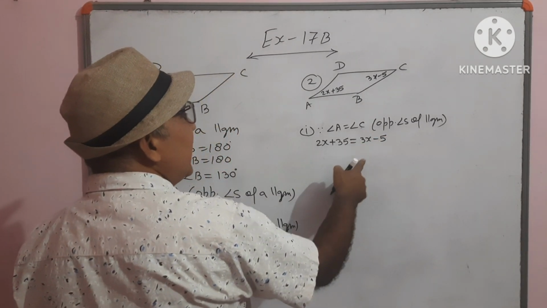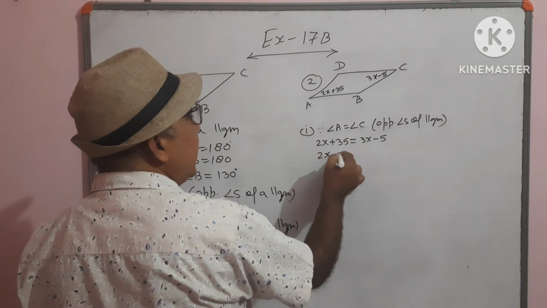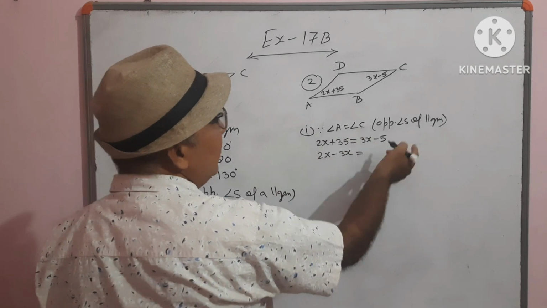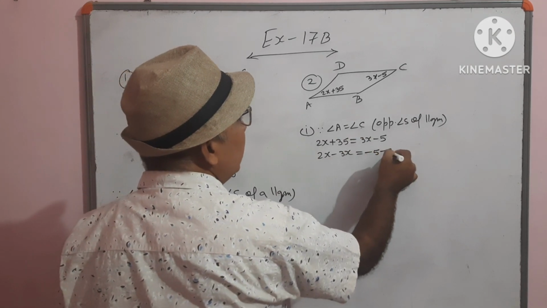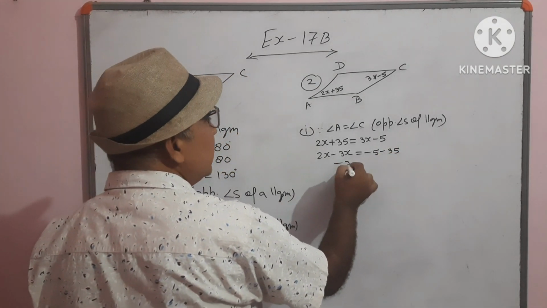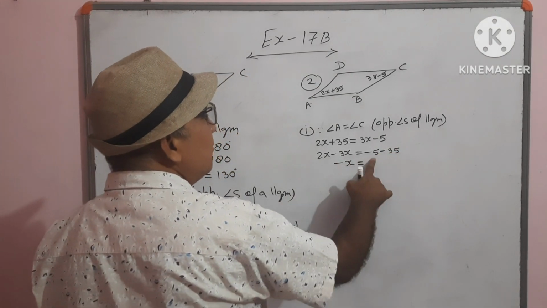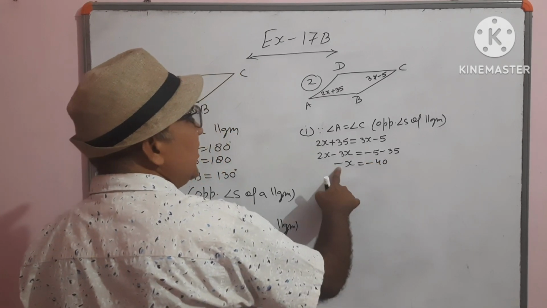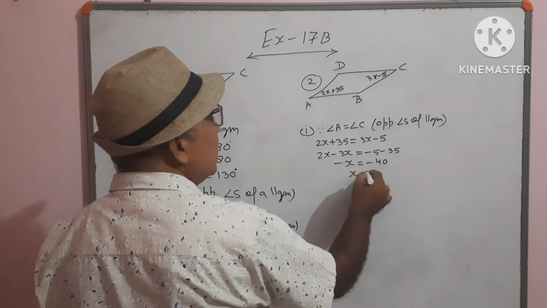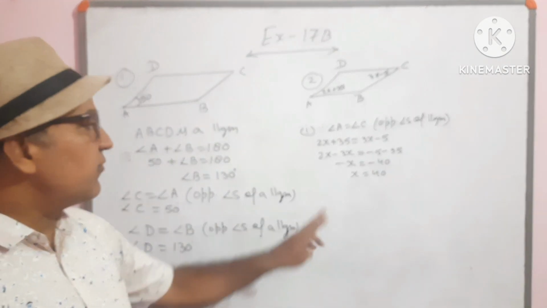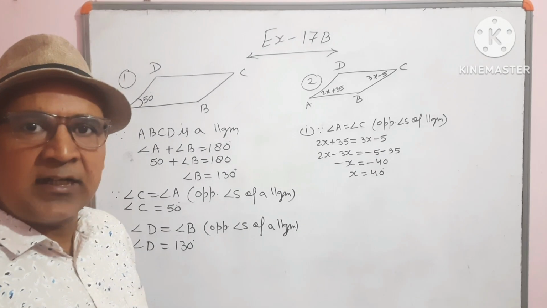Now if we transfer 3x to the left hand side, it will become minus 3x. 35 will go to the right hand side, it will become minus 35. Now 2x minus 3x is minus x. Minus 5 minus 35 is minus 40. Minus will cancel minus here. x is equal to 40 degrees. That means the value of x is coming 40 degrees.